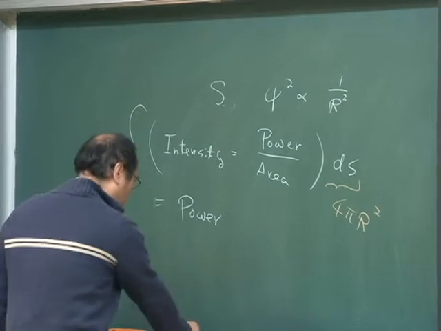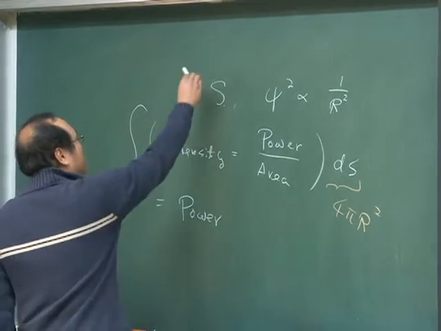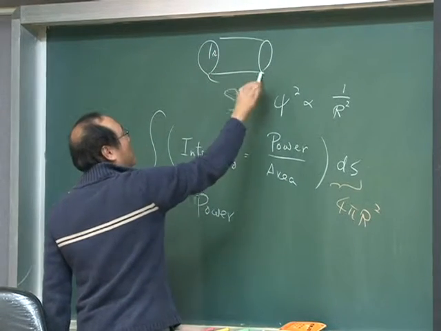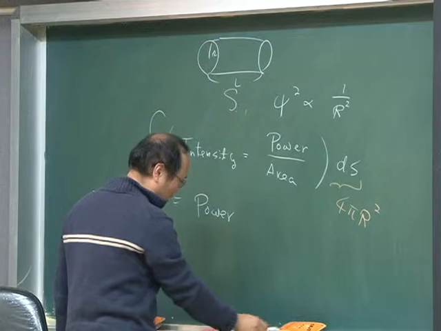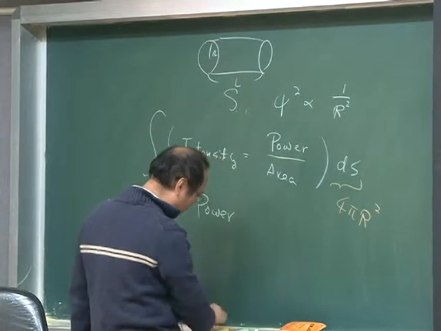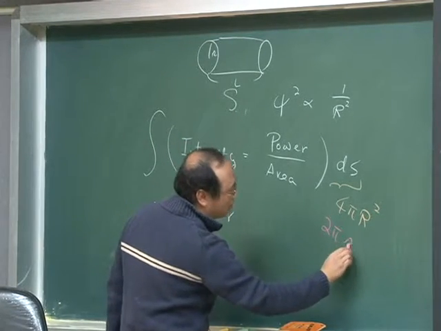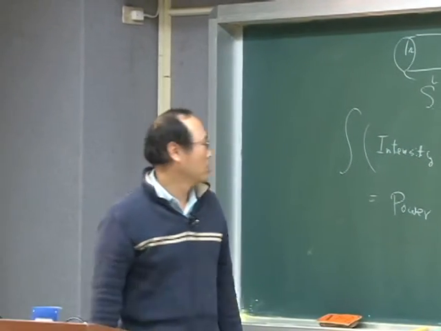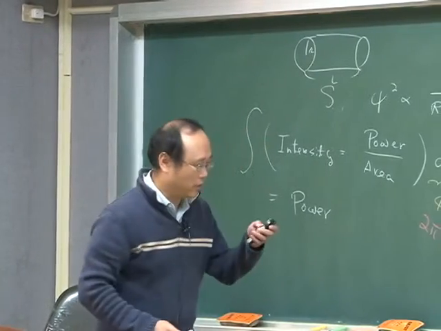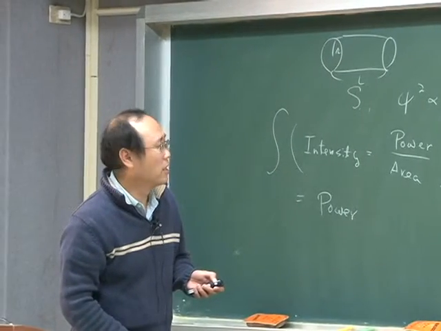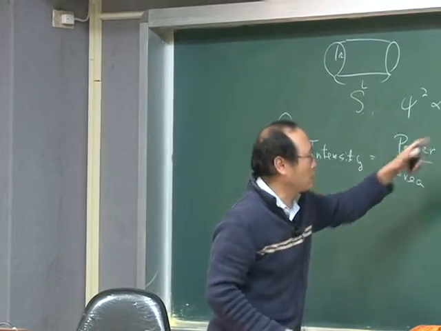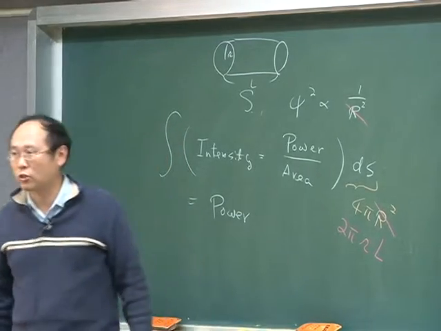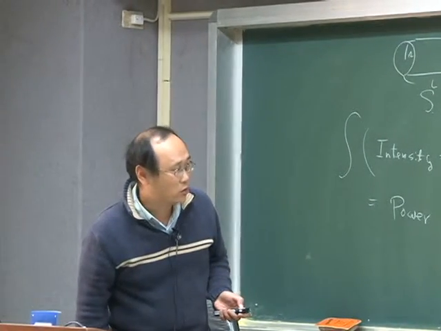For a cylindrical surface, you have a dependence of 2 pi r multiplied by L. If you square the spherical wave, you end up having a 1 over R squared that will cancel with the R squared in your spherical surface.